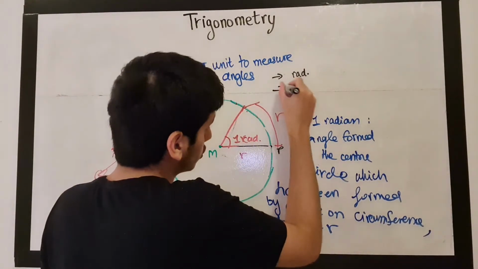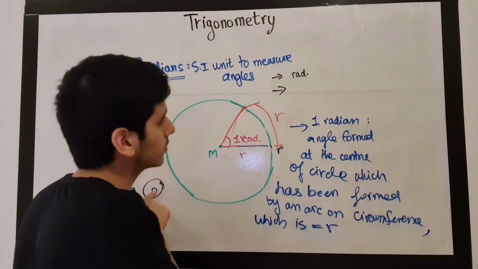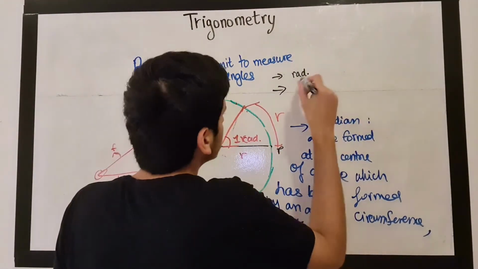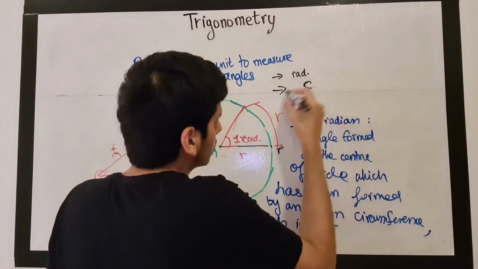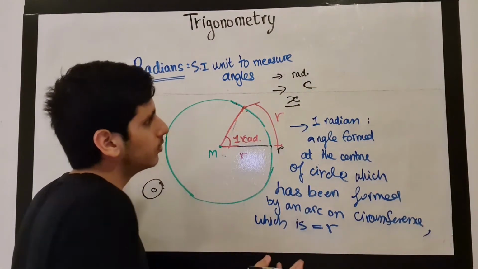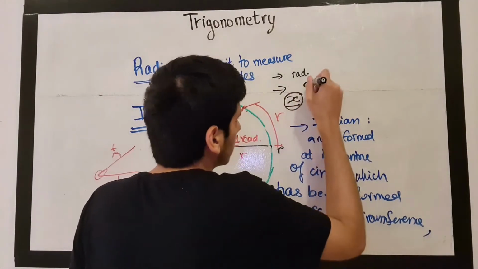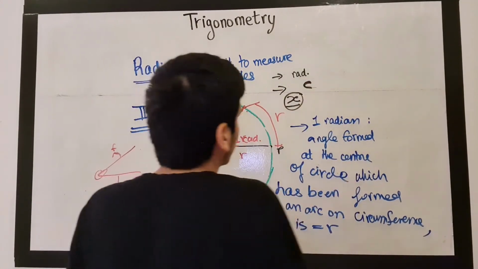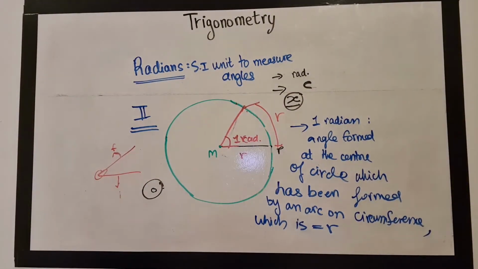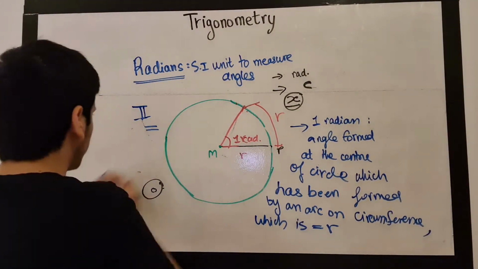There's also a superscript like we use for degrees: for radians, it's a superscript C. So x radians, the magnitude of the angle, is written x with a superscript C. We can use both of those symbols.